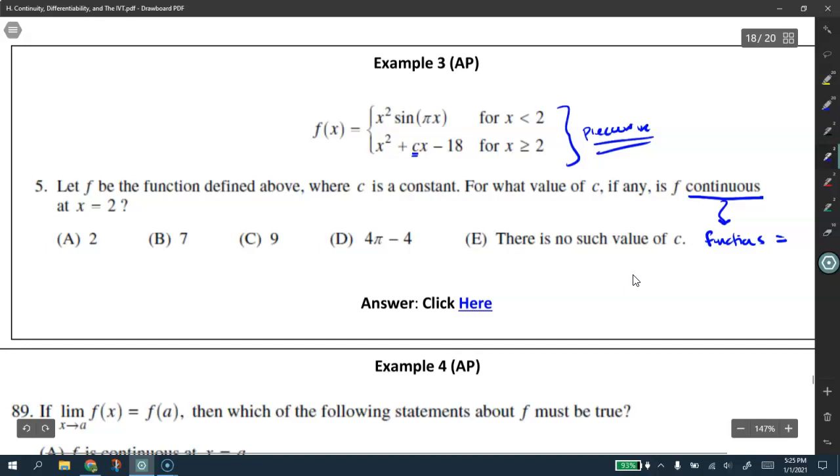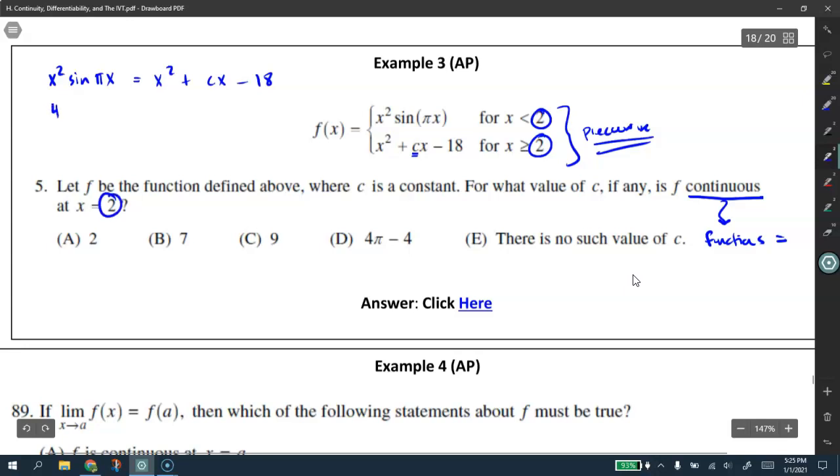So let's go ahead and start with this. We take x squared sine of pi x, and we set it equal to x squared plus cx minus 18. Now, when x is equal to 2, we're going to plug 2 into everything.